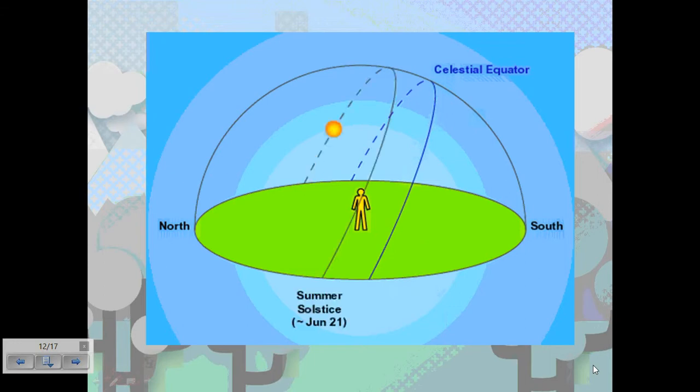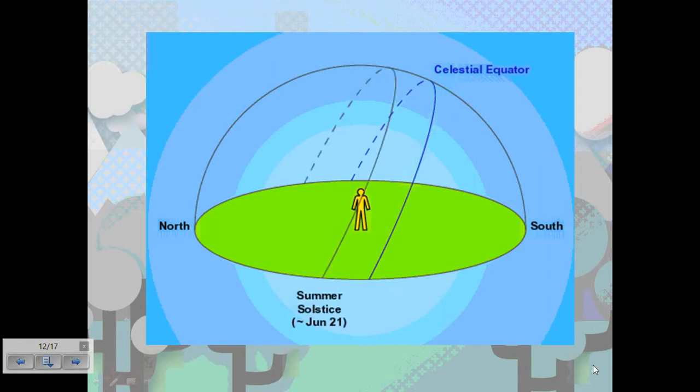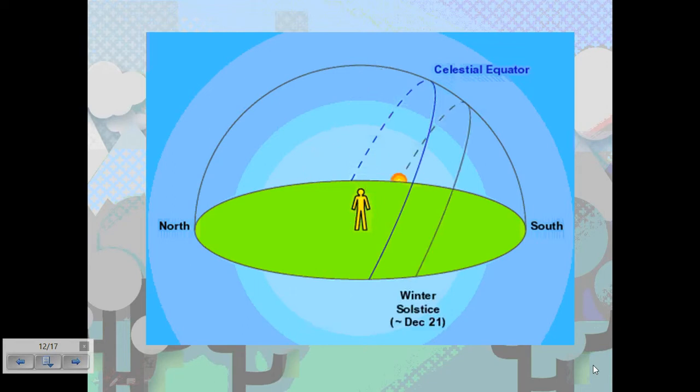In this case, during the summer solstice, the weather tends to be warmer because that is when the tilt features sunlight shining directly on it. Now, in the latter case, during the winter solstice, you notice that this ball of sunlight approaches the southernmost region of Earth, indicating that the southern hemisphere receives more sunlight.